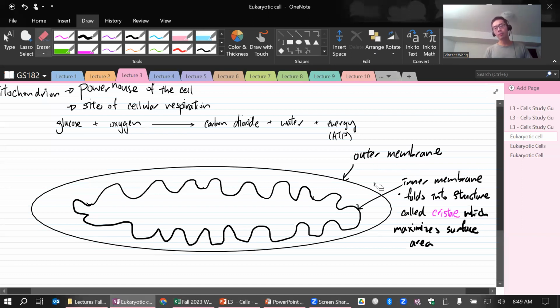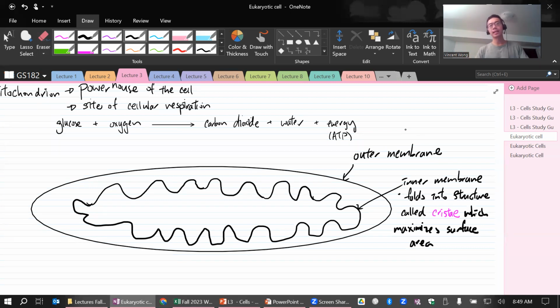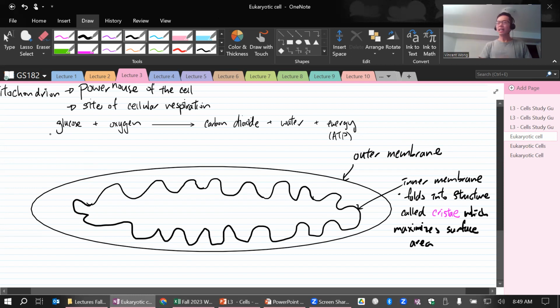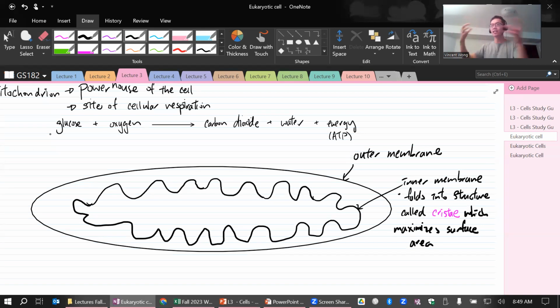Now, the outer membrane and the inner membrane have the same structure as the cell membrane. They're also made up of phospholipids, with some cholesterol in it, perhaps some proteins, and so forth. Any questions? You understand what I'm trying to do here? Think of this as a bag inside a bag. There are two layers, right? A Ziploc bag with another Ziploc bag inside. So now you have a membrane within the membrane.